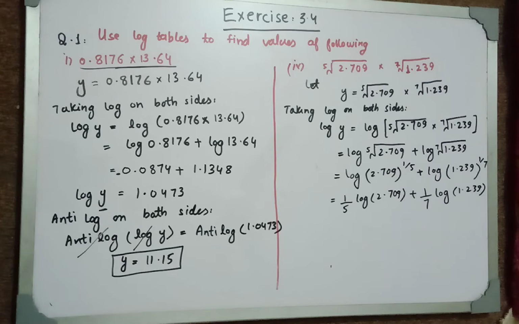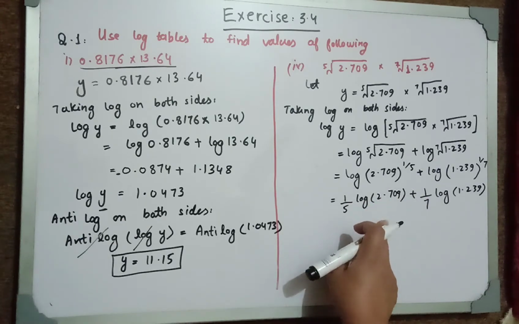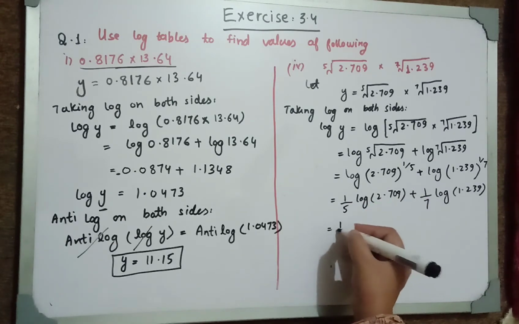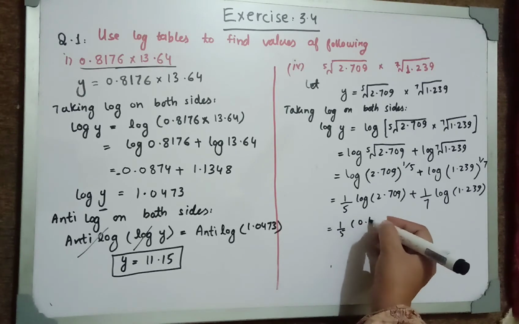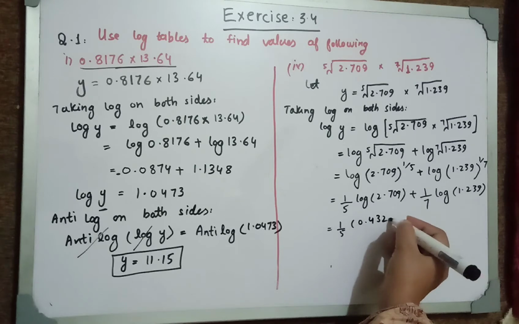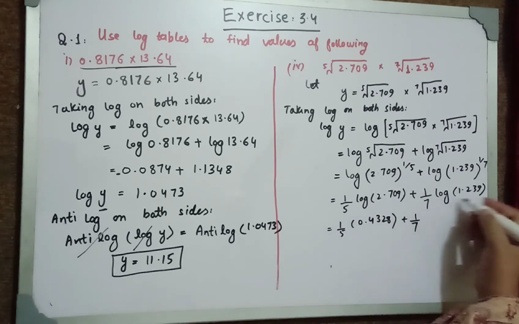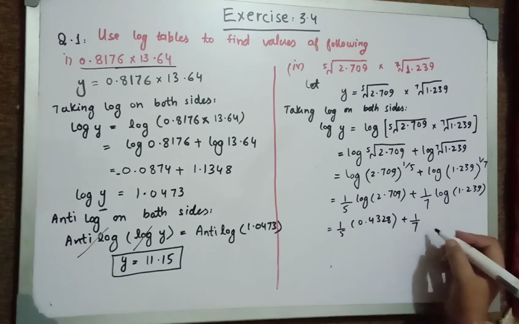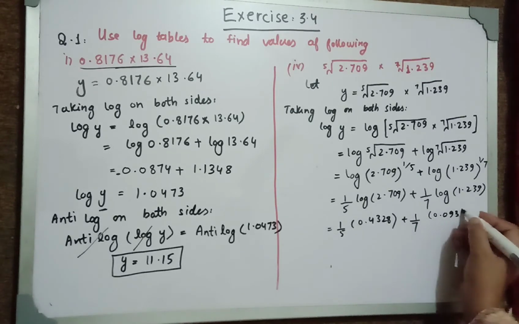Now again using a calculator or a log table, you will find the values of these logs. So the value of this number comes out to be 0.4328, plus 1 over 7, and the log of this number comes out to be 0.0931, right?